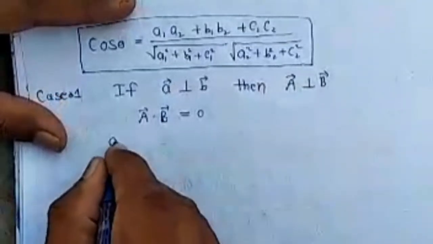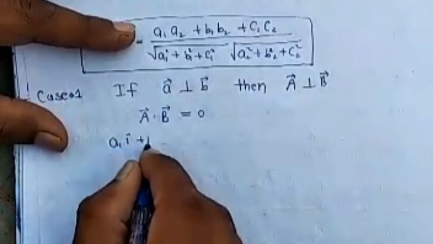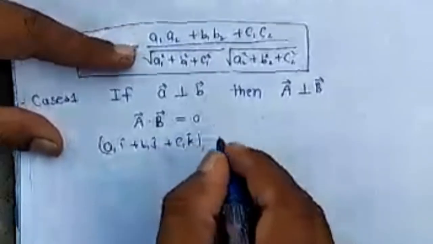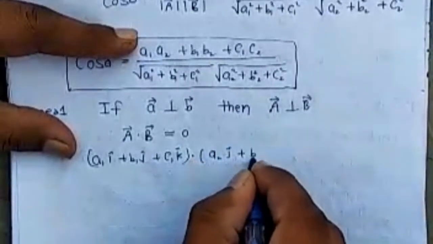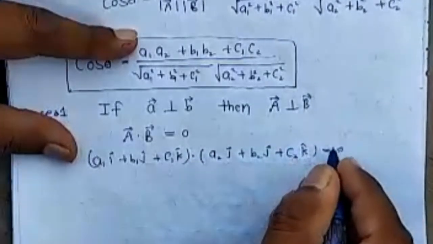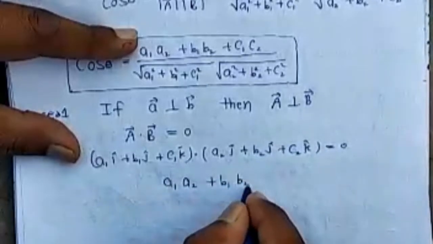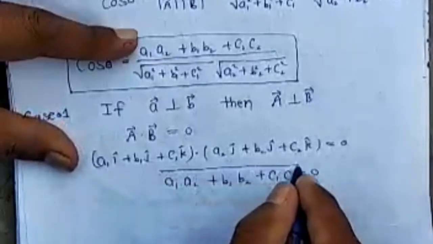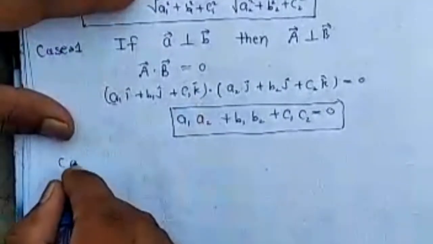It means A1 i cap plus B1 j cap plus C1 k cap dot A2 i cap plus B2 j cap plus C2 k cap equals 0, which gives A1 A2 plus B1 B2 plus C1 C2 equals 0. This is the relation between direction ratio of two perpendicular vectors.